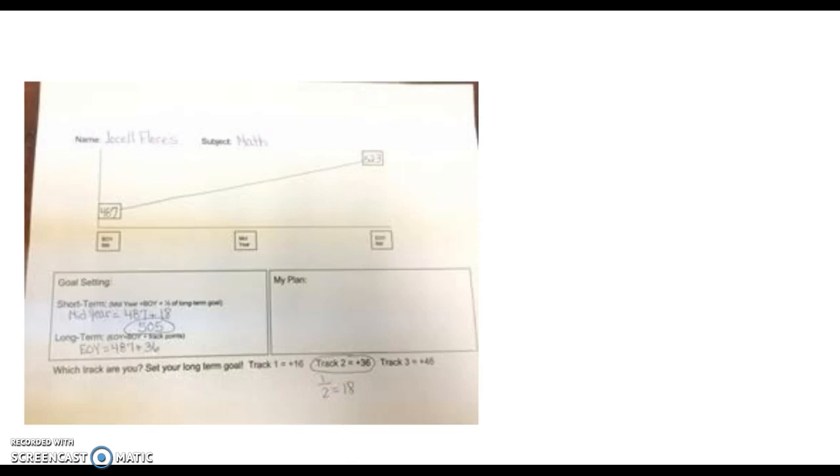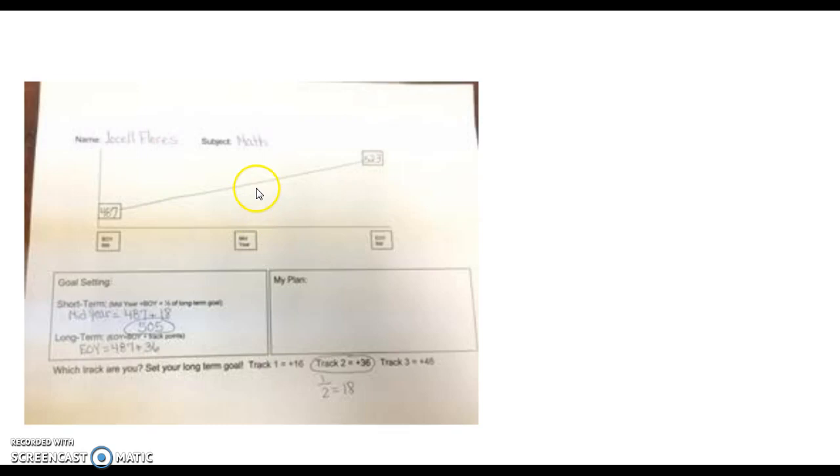So she's saying if I'm going to make 36 points growth by the end of the year, then I should make about 18 points growth by the middle of the year. So she added on 487 plus 18 and got 505. So what that's telling us is that when we find out our diagnostic score from January, we want Joselle to be at least to 505.